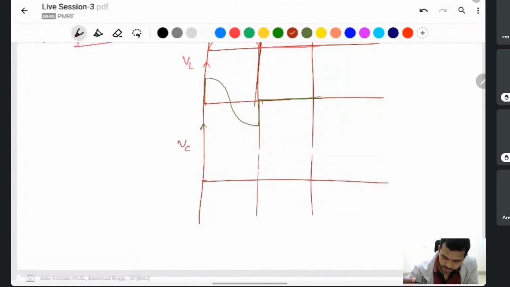This one is Vc, the capacitor voltage. Remember, the capacitor voltage is Vs (1 minus cos omega t).